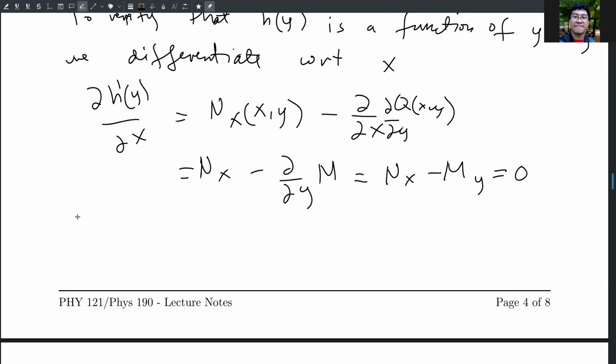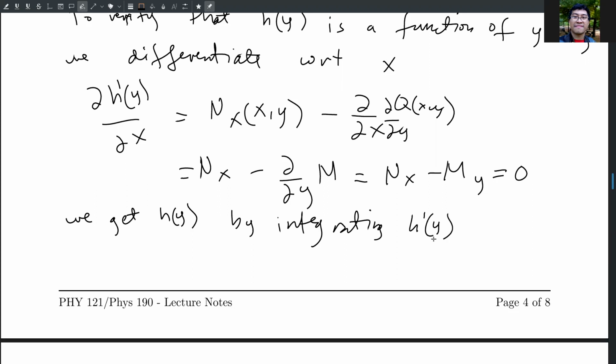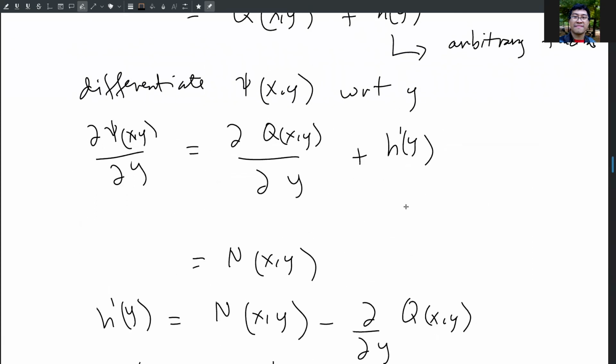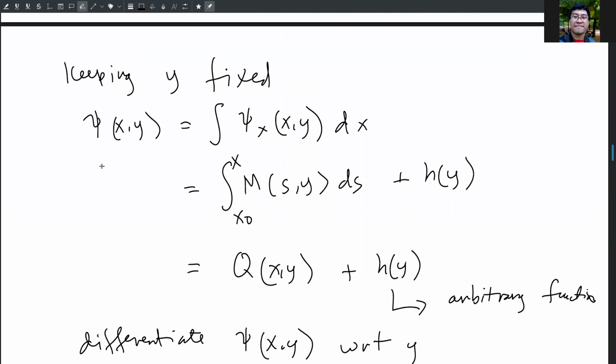So if we integrate h prime of y, we get h(y).